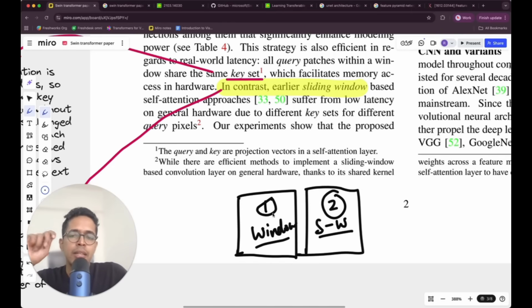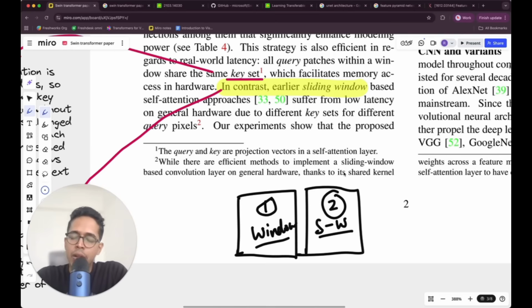In window 1, let's say you have pixel A and pixel B. In block number 1, pixel A and pixel B belong to two different windows. Now, something called shifting of the window happens in the second block, and because of the shifting, the pixels that were in two different windows in block number 1 may end up being in the same window in block number 2. And if you have pixels or patches in the same window, what happens?